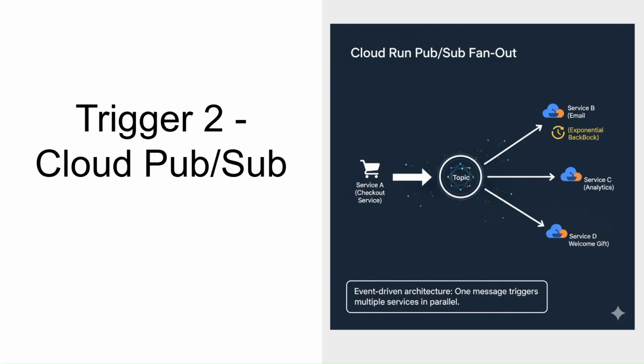Even if these processes are dependent upon each other in some way, you can architect it in PubSub. Let's just say when the checkout event happens, you publish a message. That message can contain information about that checkout event. You can publish it to a topic, and then you can have multiple services that subscribe to that message.